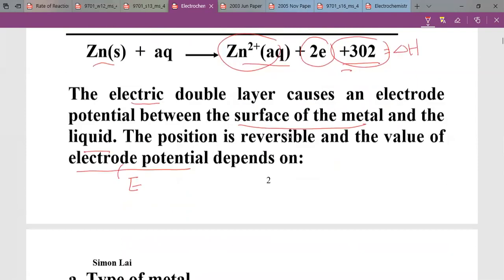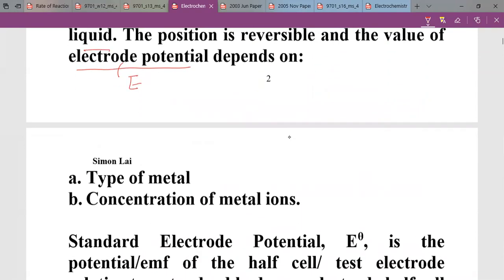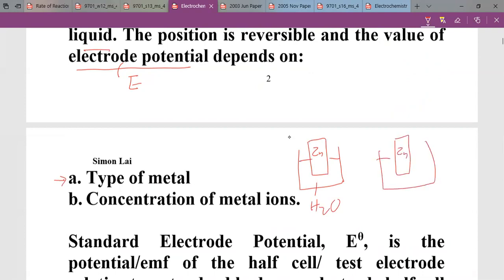It depends on two things. The type of metal: sodium will have a high potential. And secondly, if I put zinc in pure water, H2O, and I put zinc in a solution of zinc 2+.